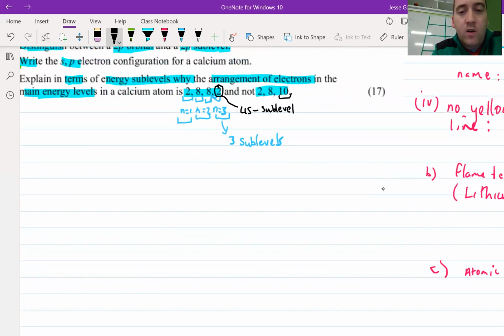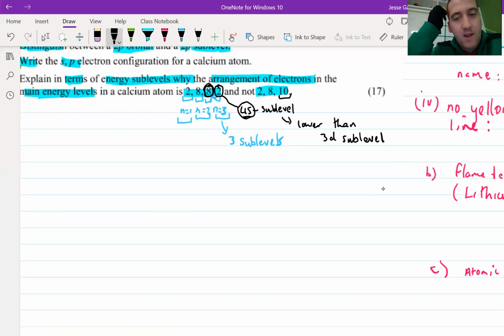What do we know about the 4s sublevel? We know that it's lower in energy than the 3d sublevel. So we don't want to continue filling up the 3rd energy level, n equals 3, before we go into the 4th and fill that, because one of our rules is that electrons always fill the lowest available energy level. So the 4s is lower than the 3d.